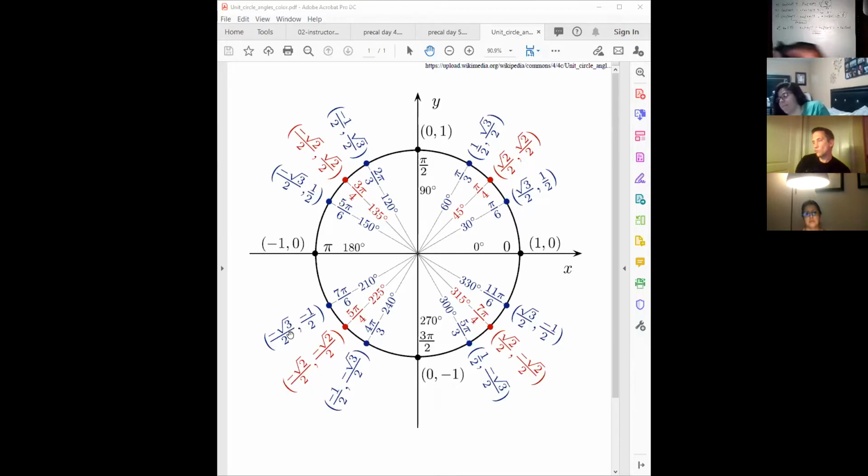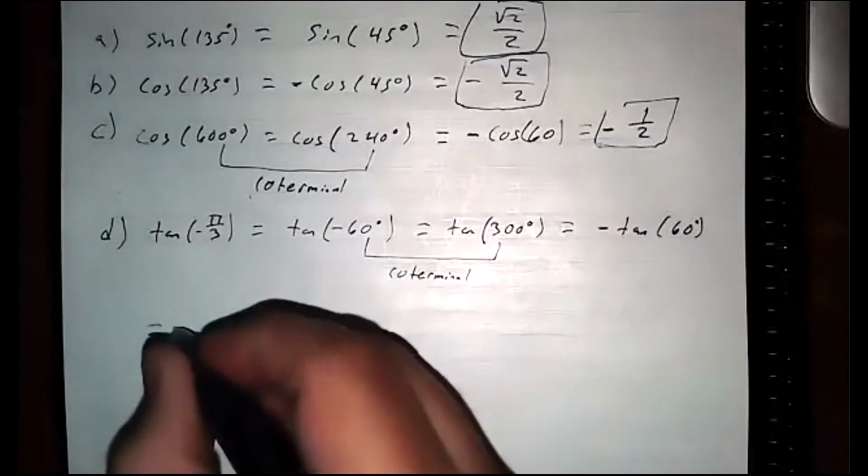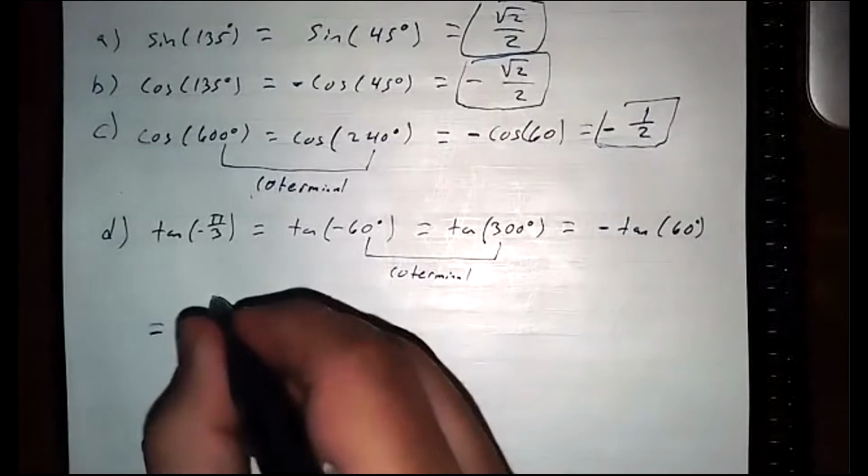Okay, so let me show a little extra work just for fun here. You said tangent is only positive in quadrants 1 or 3, right? Right. Okay. All right, so negative tangent 60 is going to be, so here's 60. So divide these guys, but the minus will be out in front. So minus is right here.